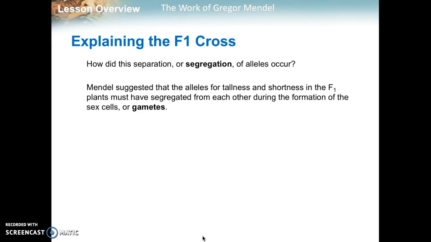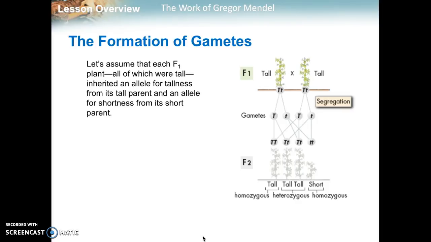So segregation occurs when the alleles separate during the meiosis stage, which is something we'll learn about in the next couple lectures. So each sex cell gets one allele. So let's assume that each F1 plant, all of which were tall, inherited an allele for tallness from the tall parent and an allele for shortness from the short parent.